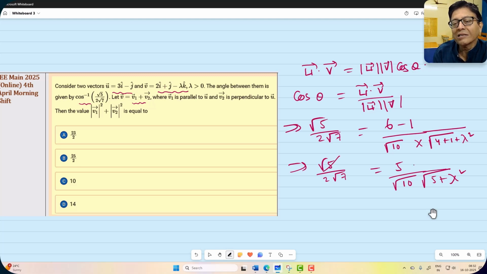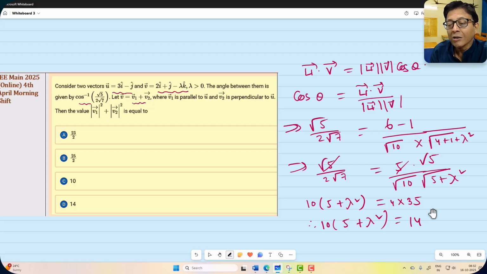Now this is getting cancelled, root 5 will be remaining, cross multiply and make square. 10 into 5 plus lambda square is going to be 4 into 35. Okay, so 10 into 5 plus lambda square equal to 140. These two getting cancelled. So lambda square is 9. This implies lambda equal to plus minus 3.